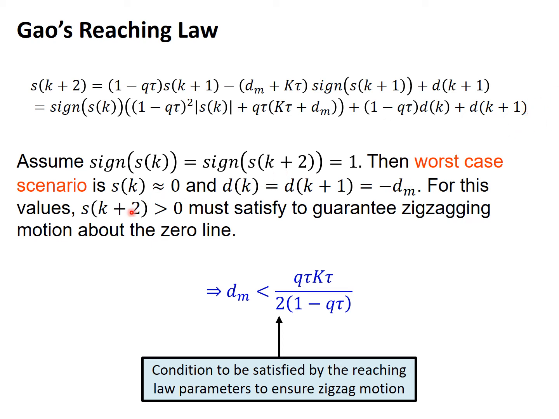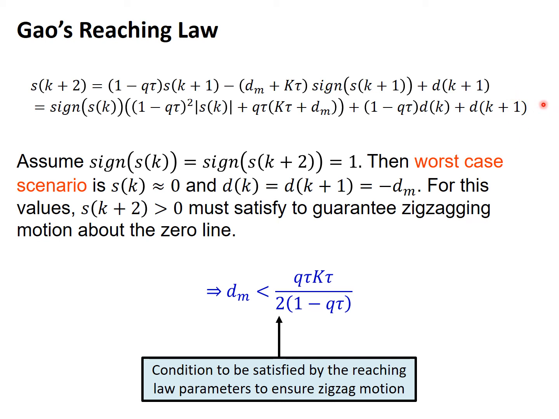If you do that, then you will see that this condition comes out from that inequality. So you do that on pen and paper. What you have to do is take this RHS, sine of sk is 1, sk you put 0, dk you put minus dm, dk plus 1 you put minus dm, and this RHS you make greater than 0.